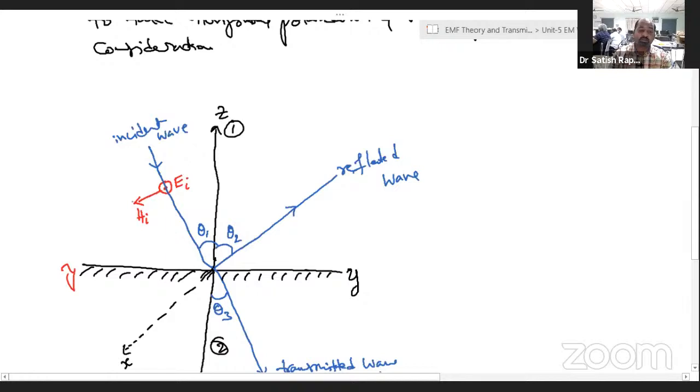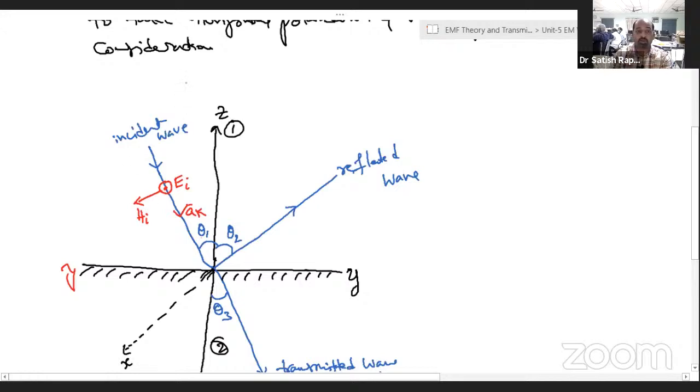And this is the direction of the magnetic field, and this is the direction of wave propagation, ak bar. So the wave is propagating with a certain angle with respect to the vertical axis, that is the z-axis.